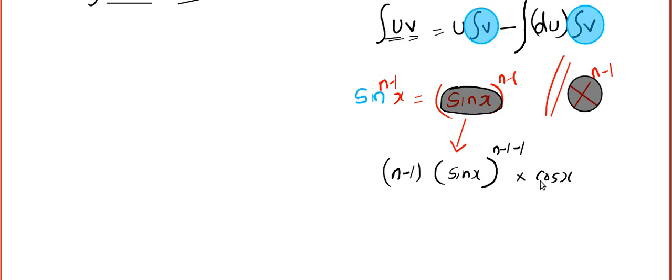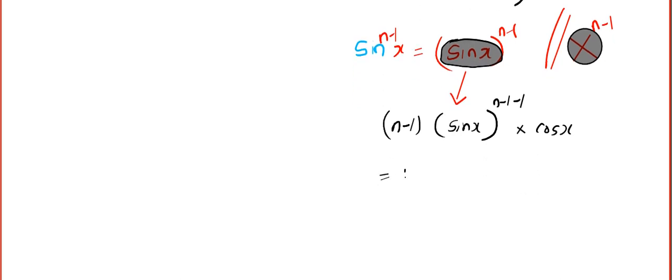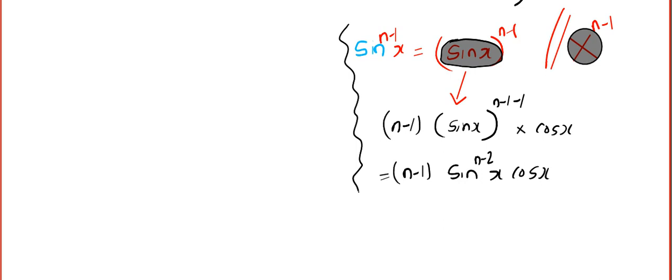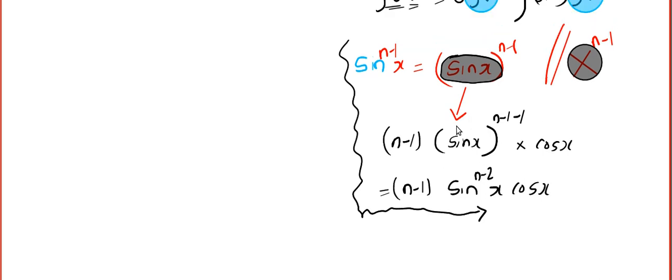I hope you got the point. And we will write this as n minus 1 sine to the power n minus 2 x cos x. I am doing this separately because some of the students are weak in the chain rule of differentiation. I hope you got the point.